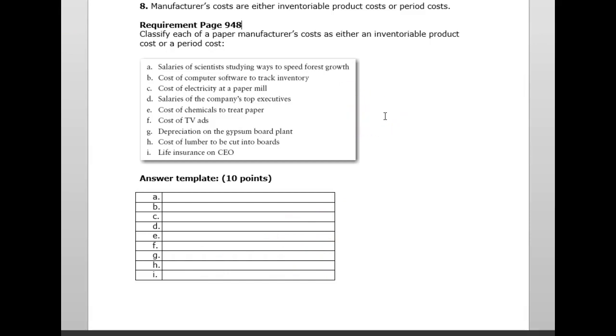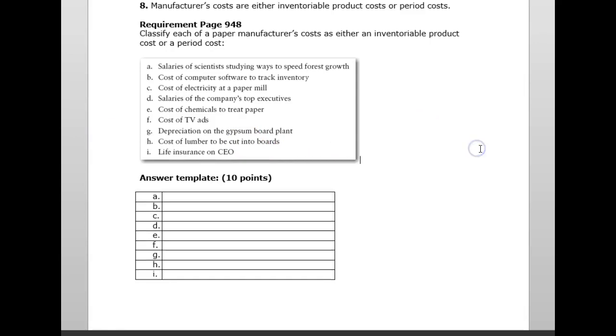Okay, so it took me a while to find that. This inventoriable cost is actually just a product cost, and you'll find that on page 948. So don't let that inventoriable fool you. You should be able to decipher out of this what each of these are by looking at exhibit 18-6.